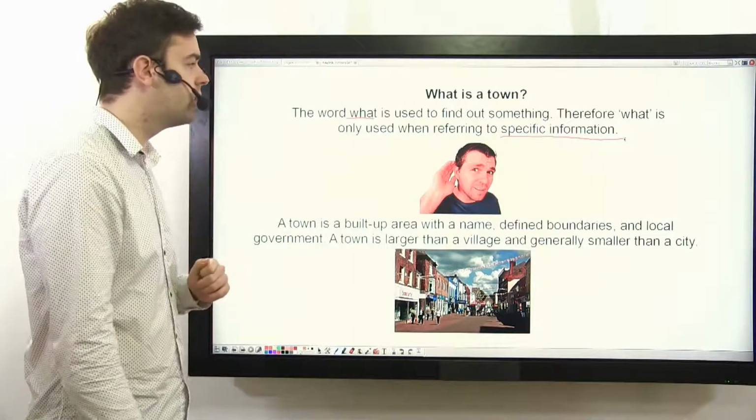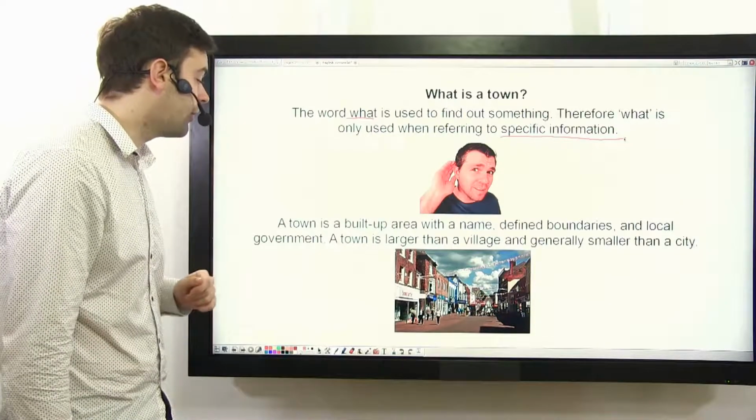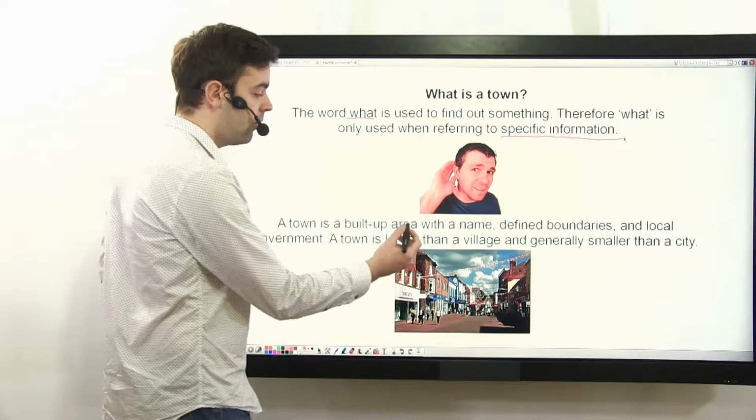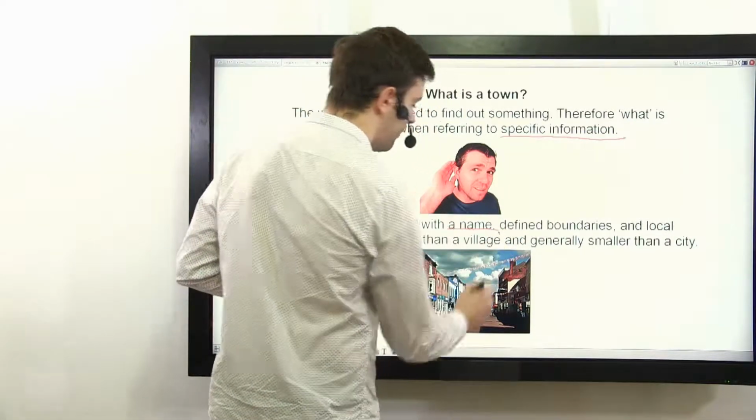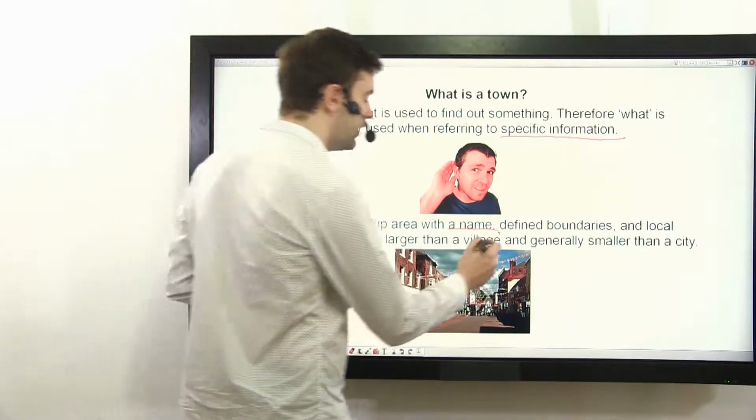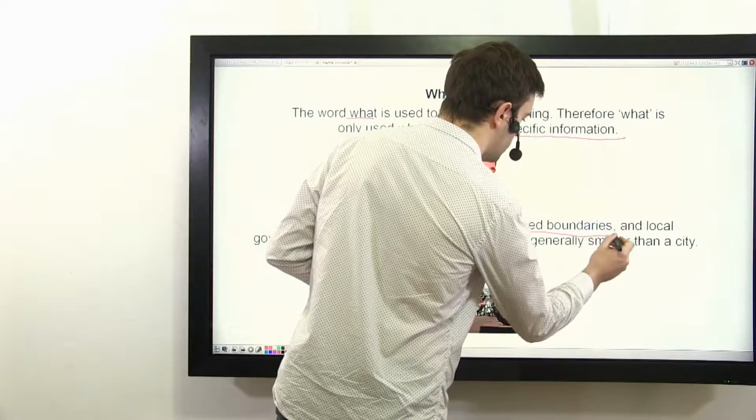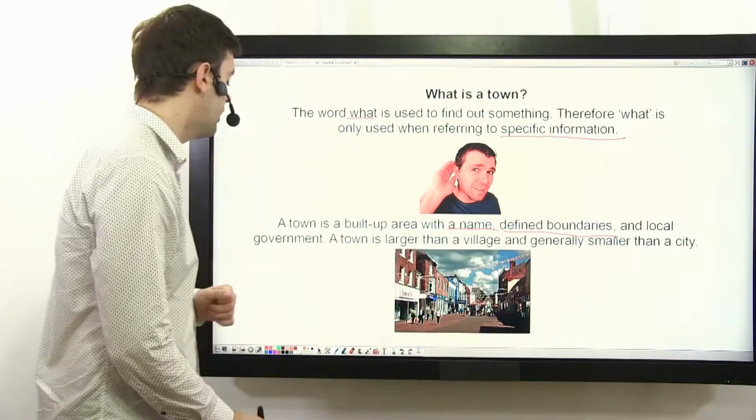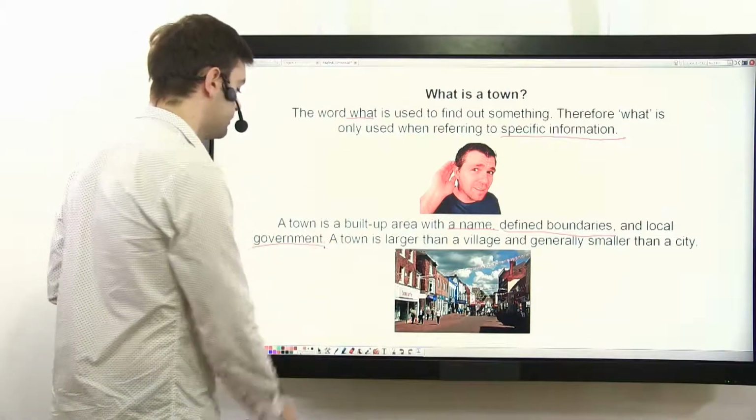What is a town? Well, a town is a built-up area with a name, defined boundaries, and a local government.